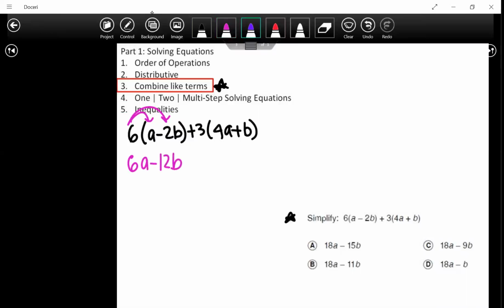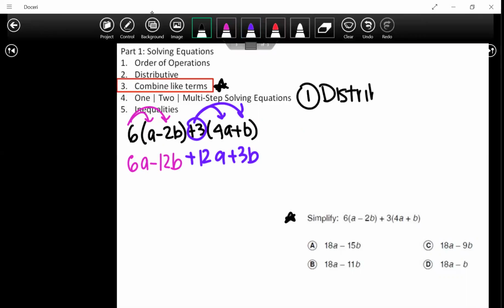Then we're going to do our plus 3 to our 4a and our b. So plus 12a plus 3b. And one step would just be to say distribute. And 2 would just be to CLT, which is my term for combine like terms.